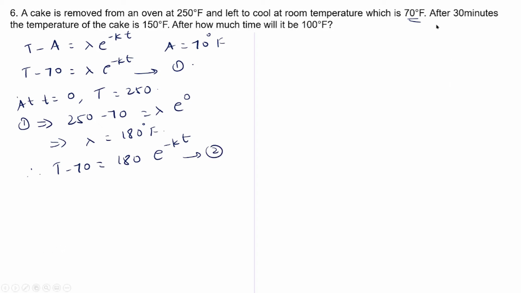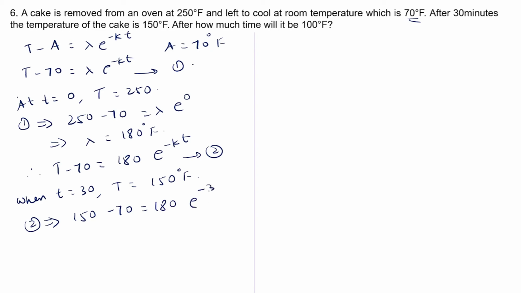Now the next information which is given is after 30 minutes the temperature of the cake is 150 degree Fahrenheit. So when t equal to 30, the temperature is 150 degree Fahrenheit. So from this we have 150 minus 70 equal to 180 into e raised to minus 30k.